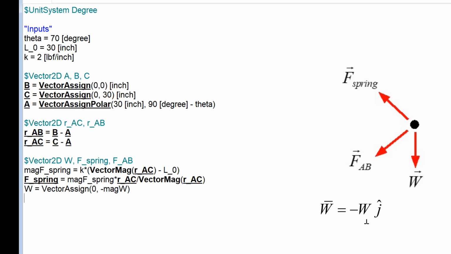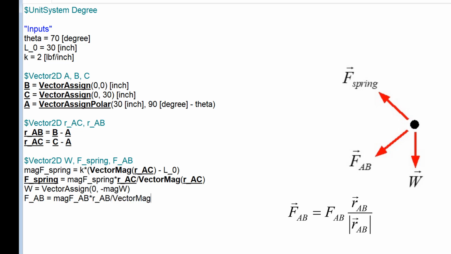And then I have one more force, which is the force from the bar. I know its direction, but not its magnitude. So the force from the bar, FAB, has some magnitude, mag FAB, and then it's in the direction defined by the position vector RAB. So I'd multiply that by that vector divided by its magnitude.